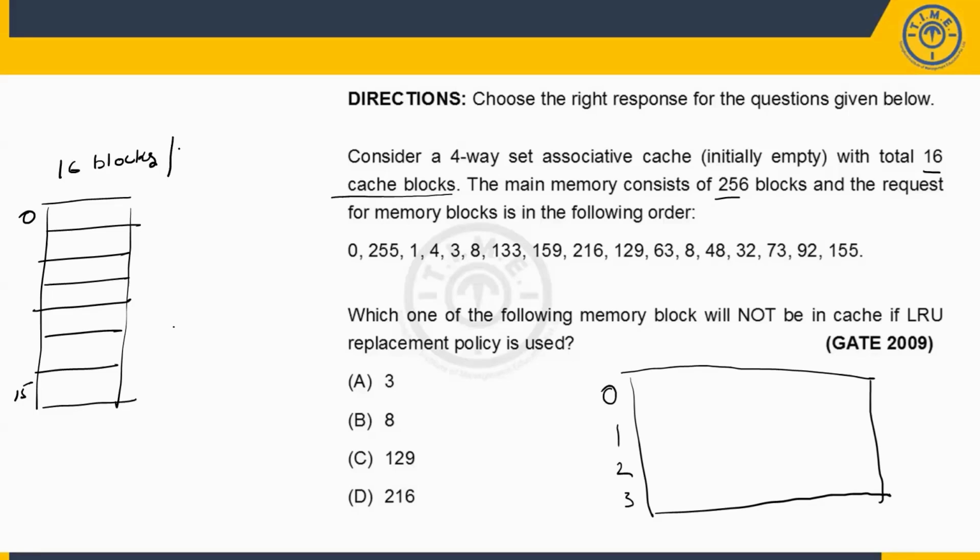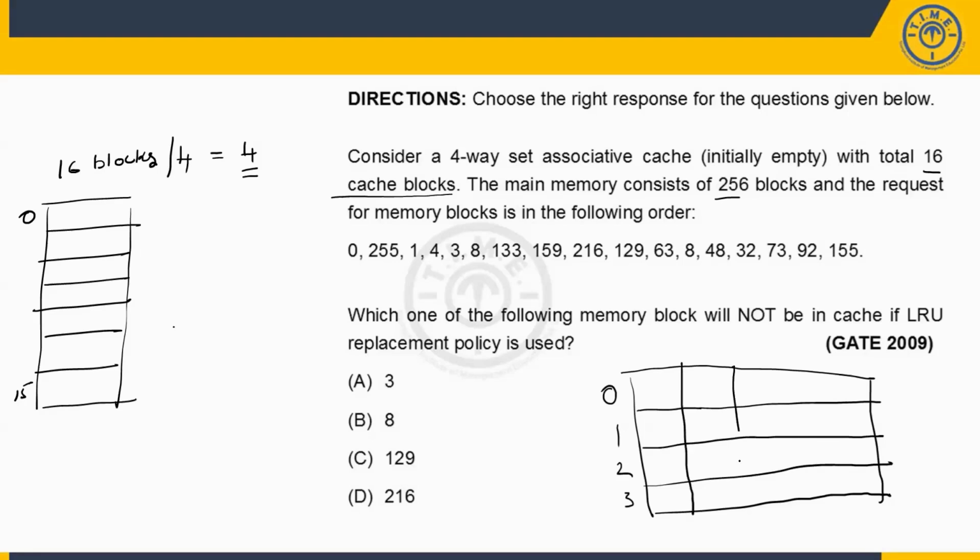Total blocks divided by the associativity, 16 by 4, gives the number of sets. Number of sets is equal to 4: 0, 1, 2, 3. Each set has 4 blocks because associativity is 4. This is how it looks.